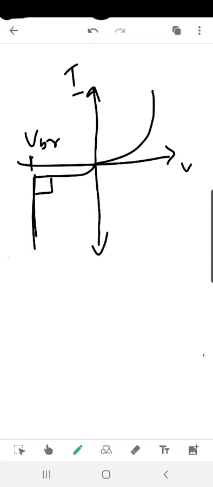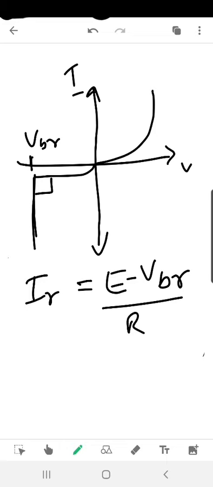The maximum reverse current which can flow through our PN junction is IR. This maximum reverse bias current IR is given as E minus VBR divided by R, where VBR is our breakdown voltage, E is our bias voltage, and R is the resistance of the external circuit which is used to limit the current.